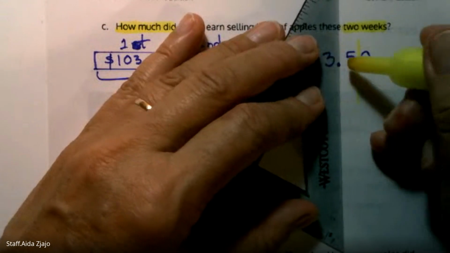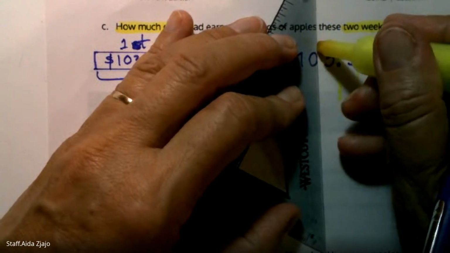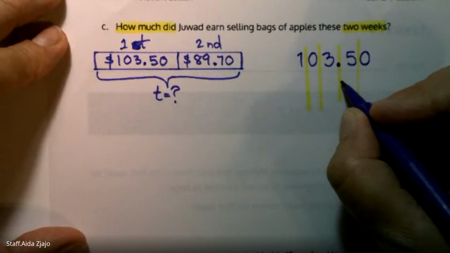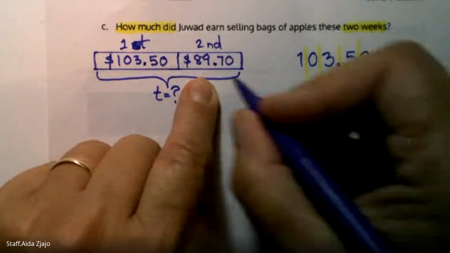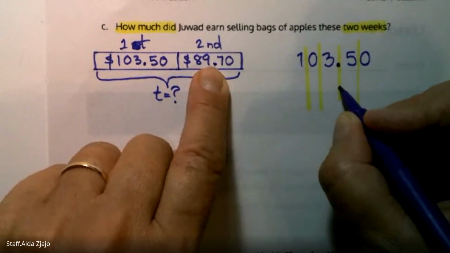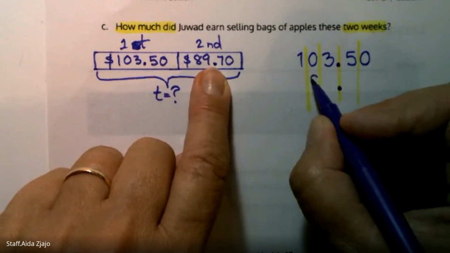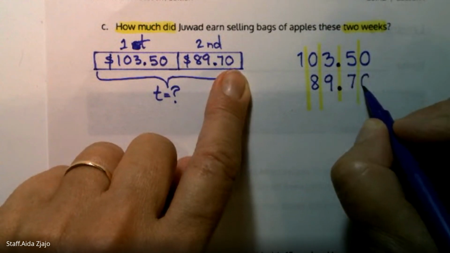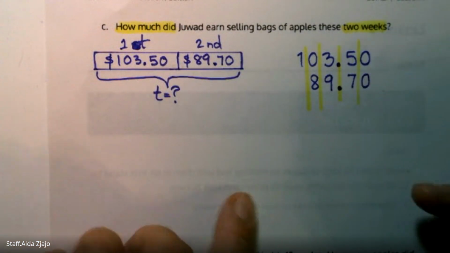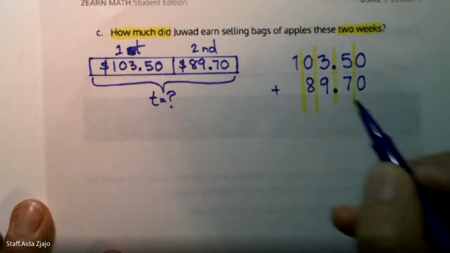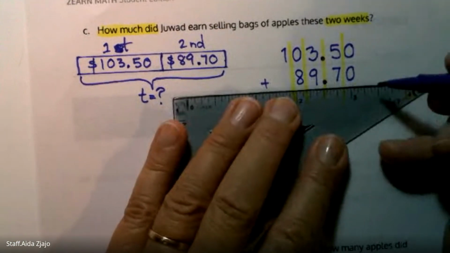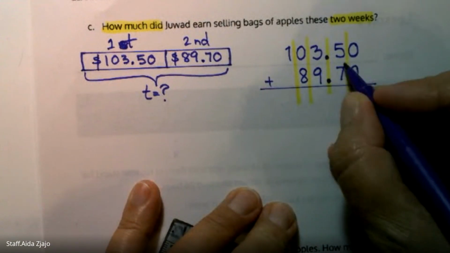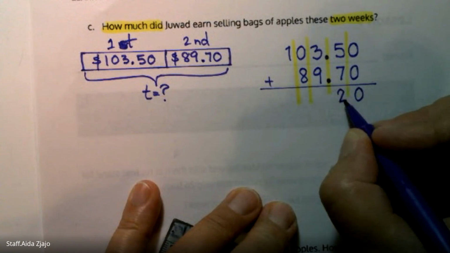I like to use my highlighter to help me stay on track with the place value and the decimal as well. 89 decimal first. Now you have 89 whole dollars, and then to the right 70 hundredths or 70 cents. So when you add them up, 0, 7, and 5 is 12.